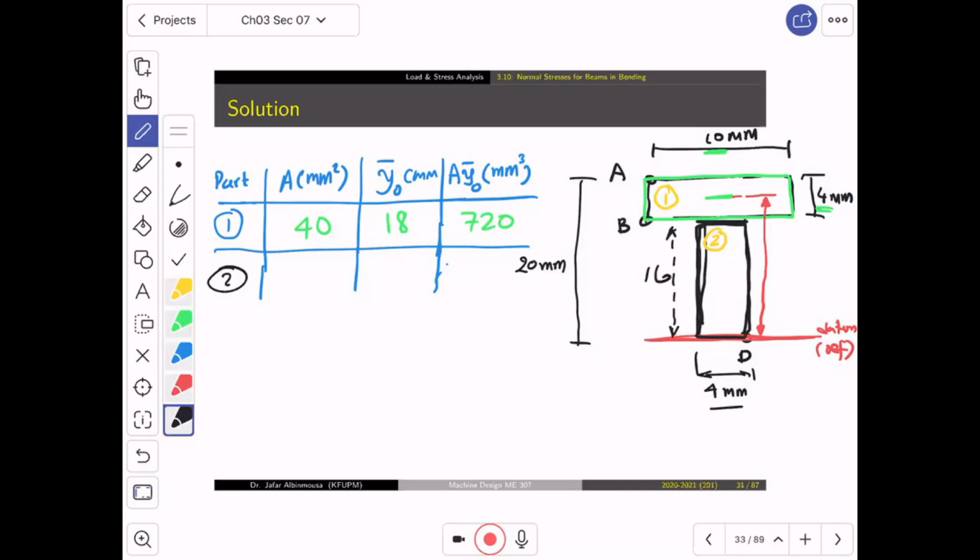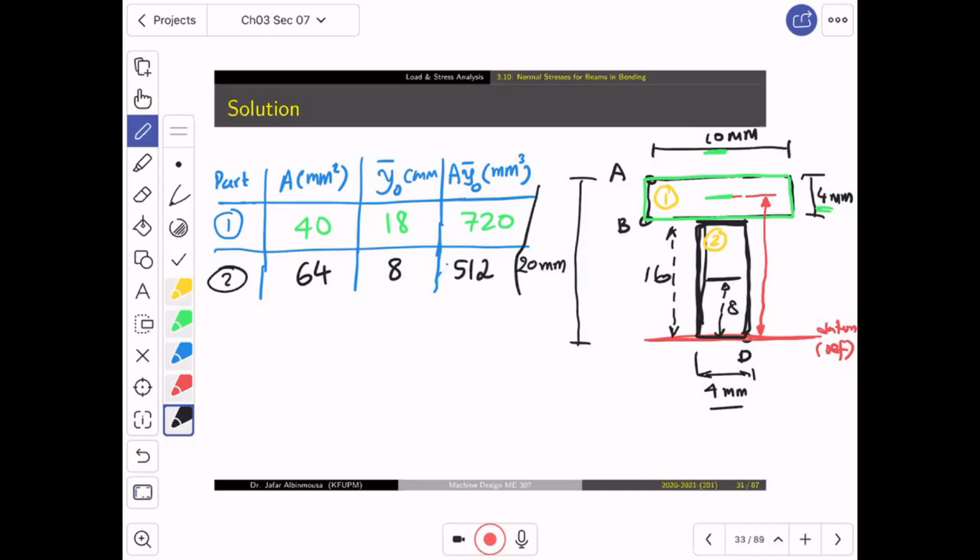So it is 4 by 16, which is going to be 64. And then, if this is 16, where is half of it? 8. 8 is from the reference located at 8, right? So the y for the second bar is 8. And the multiplication is going to be 512.